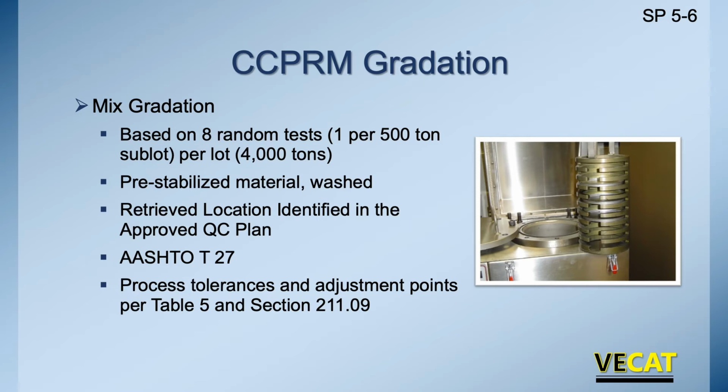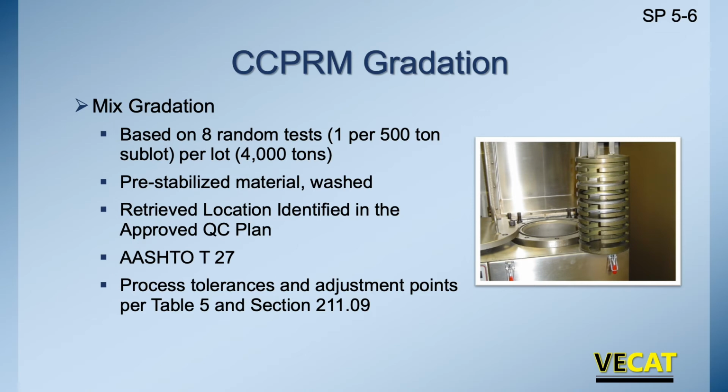Similar to traditional asphalt, where we're doing one test every 500 tons of material, 8 tests for a 4,000 ton lot. This is on the pre-stabilized wash material. So we've pulled a sample and we've identified that location in the QC plan where we're grabbing it at. So we're getting pre-stabilized, so we haven't added emulsion, we haven't added cement, we haven't added anything else.